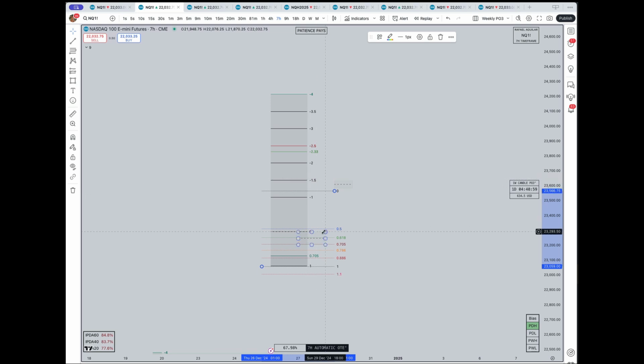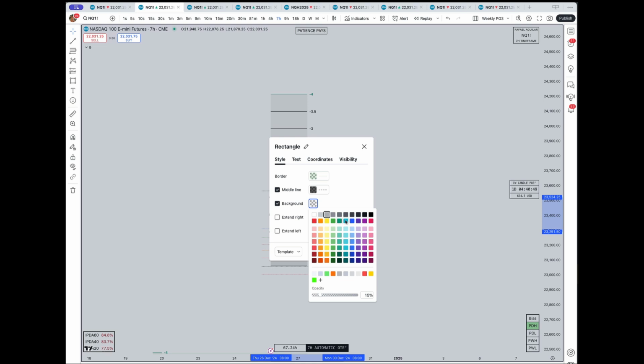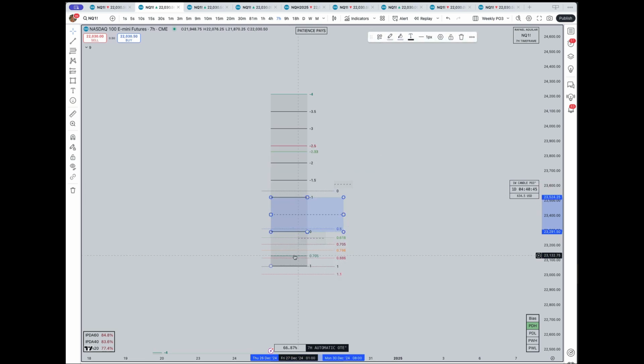If the price trades a little bit above 1.5 but doesn't close above, the zone that you're looking for will be, I'll change the color, between 0 and 1. So price will trade from the low to here. If we're a little bit above 1, we'll trade back to this zone and go higher until where?